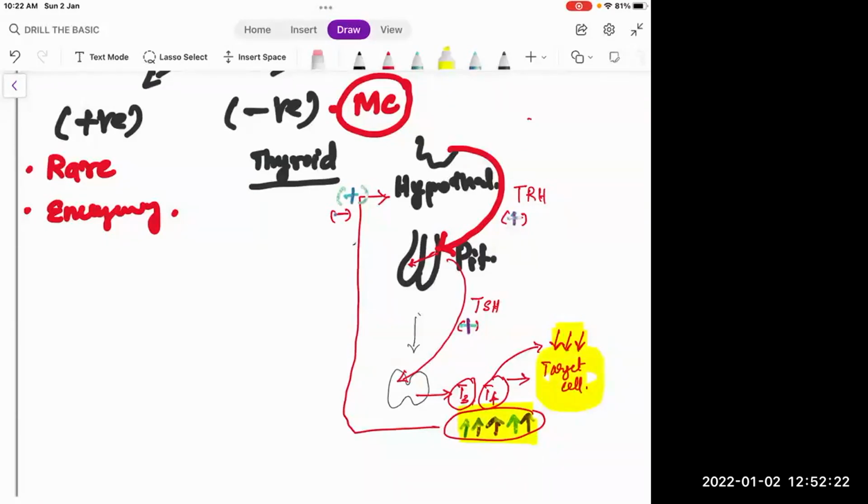Then through the feedback mechanism, the signal will reach the hypothalamus, pituitary, and finally the thyroid gland to rectify the defect. This is one example of a negative feedback mechanism. Like this, all negative feedback mechanisms happen in our body to maintain the internal environment.